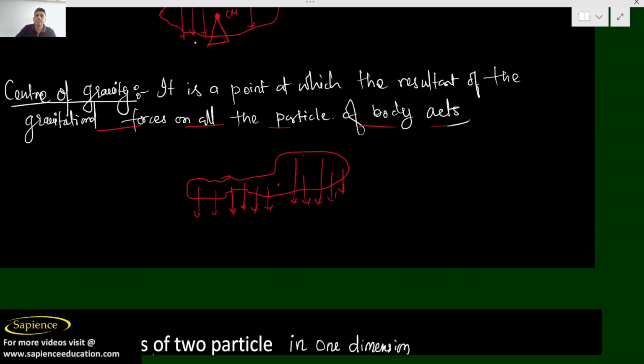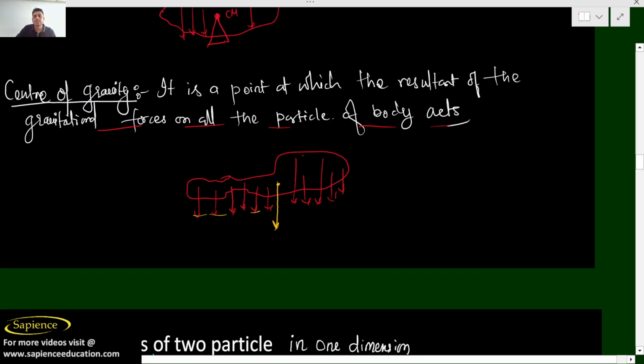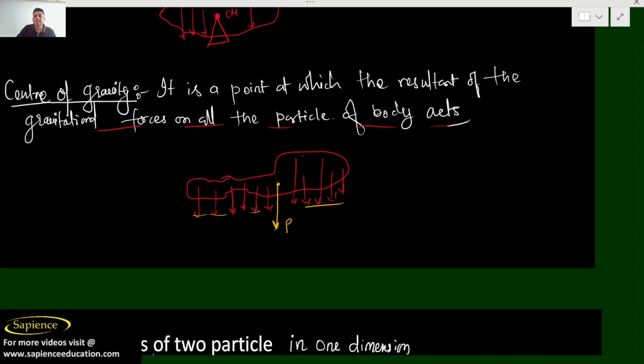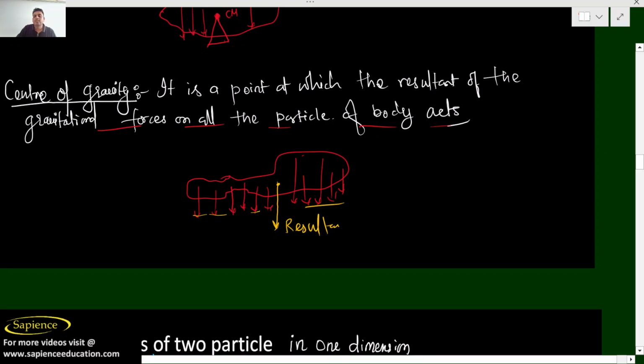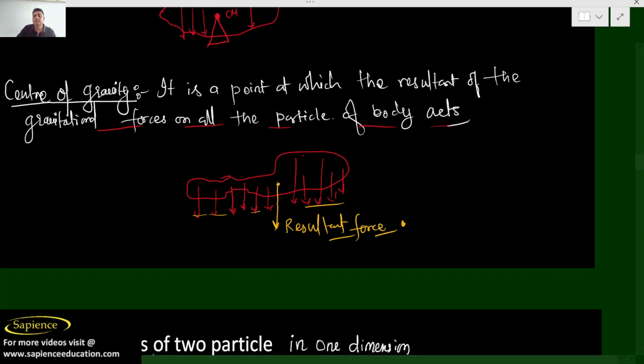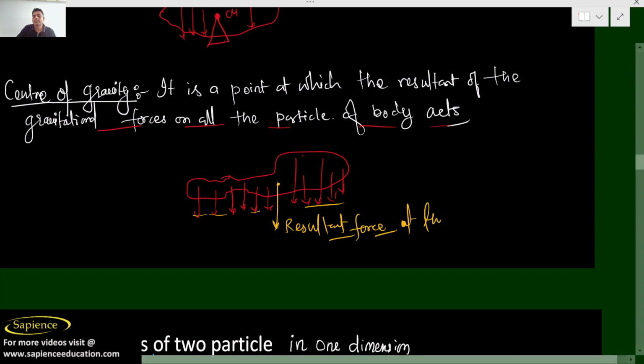But there will be one point at which, if I remove these forces, it will act as a resultant force at this point. And this point is known as center of gravity.